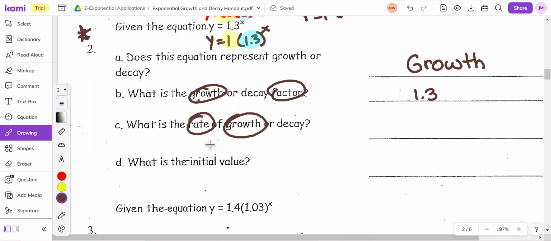Once again, rate of growth is B equals 1 plus R. When we were doing decay, that's why it was 1 minus R. We're doing growth, so it's 1 plus R. So we know that 1.3 equals 1 plus R. To solve for R here, all we have to do is subtract 1. So we get that R is equal to 0.3.